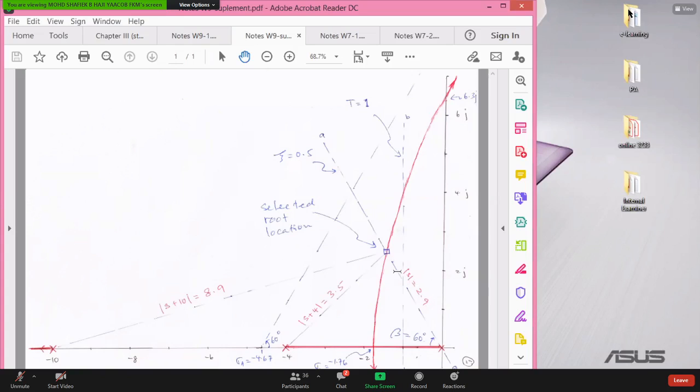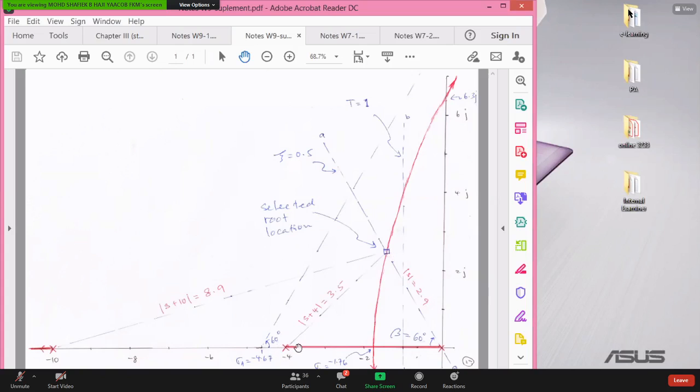Now s plus 4 is the same. This is the magnitude of s plus 4. This is just the magnitude of a vector. You can imagine 4 plus s. This is negative 4. If it were a positive 4, you would go to the right, 4 plus s.